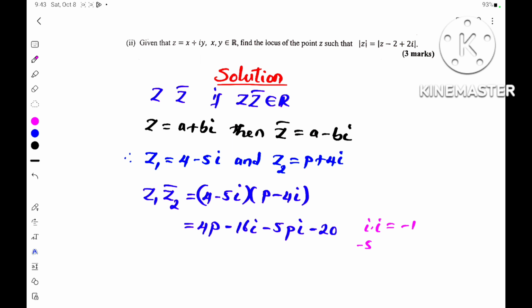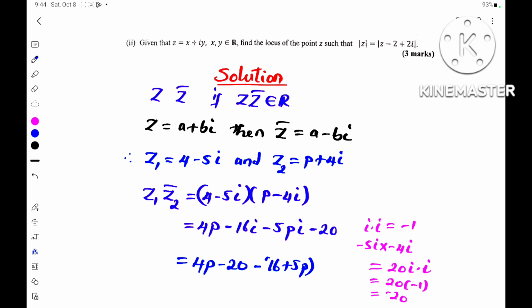So negative 5i times negative 4i is equal to 20i times i, which is 20 times negative 1, and this is negative 20. So this is equal to 4p minus 20, which forms the real part of this complex number, minus, if you factor out negative i, we're going to have 16 plus 5p multiplied by i.